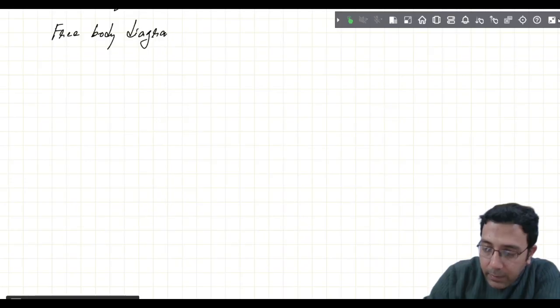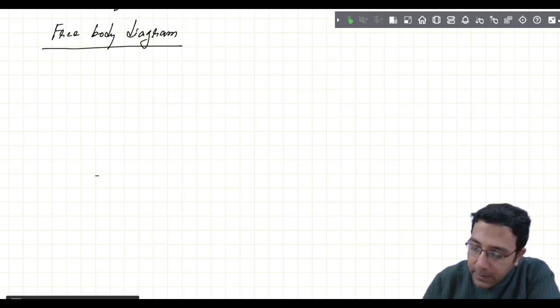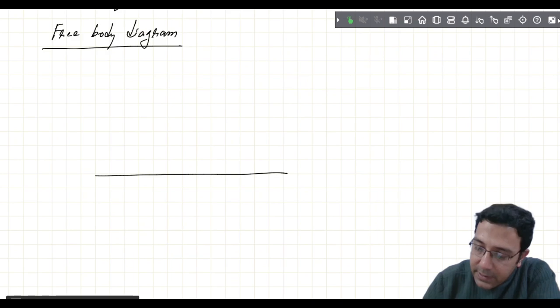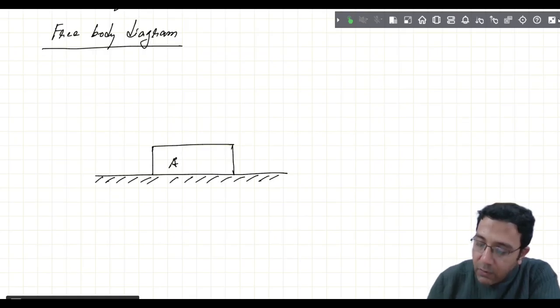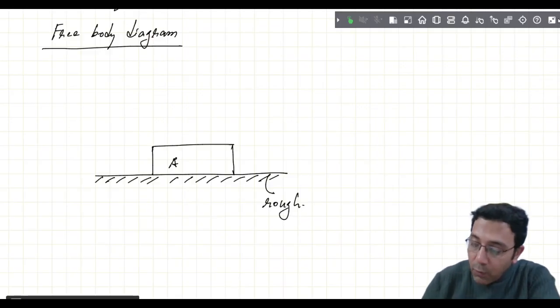Let's say this is a fixed surface, and there is a body A lying over it, and this surface is not smooth. This surface is rough, and it has a coefficient of friction. I'll just tell you what the coefficient of friction is.